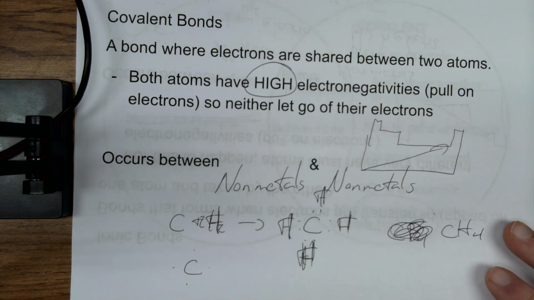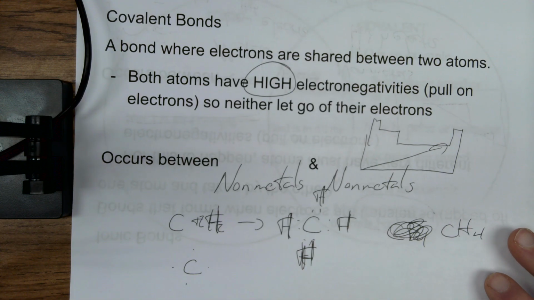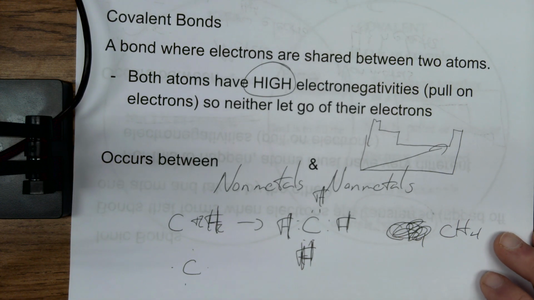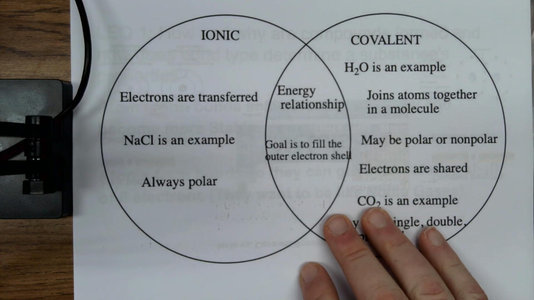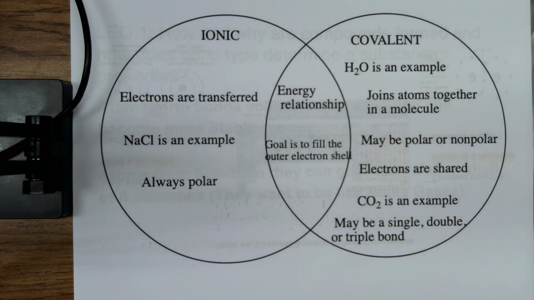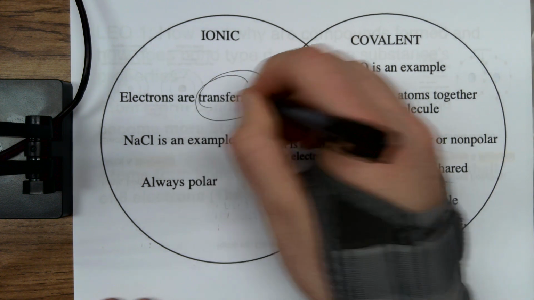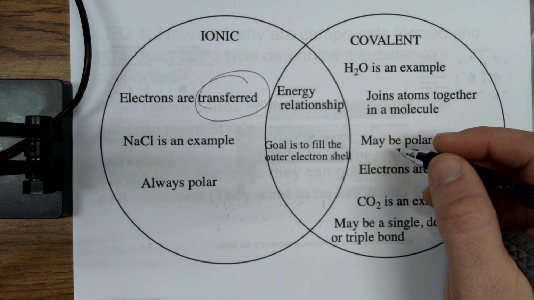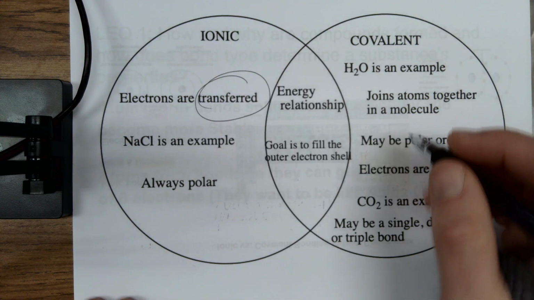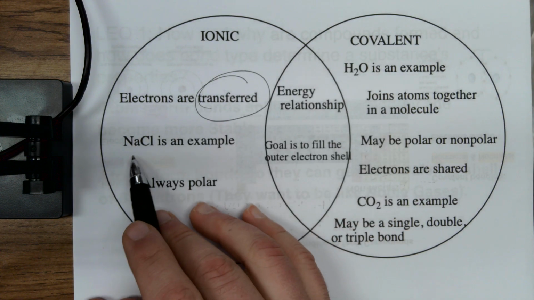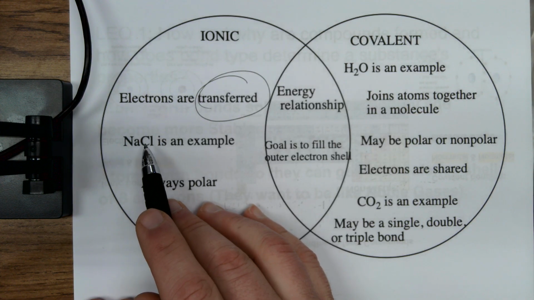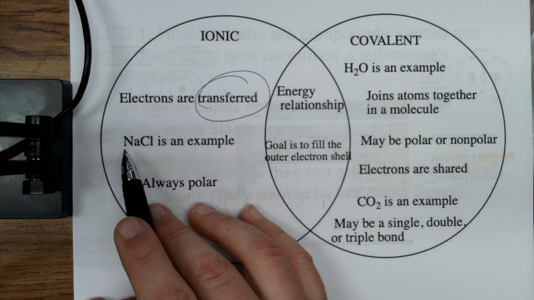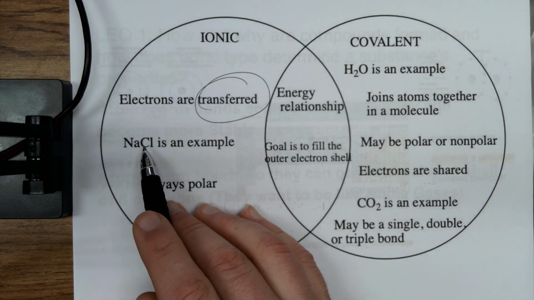Now, when it comes to a test or quiz, we have to be able to compare and contrast each one. So, here is your comparison and contrasting. My ionic, my electrons are transferred. Big thing, they are transferred. In my example, sodium and chlorine, making sodium chloride. Who lost electrons?